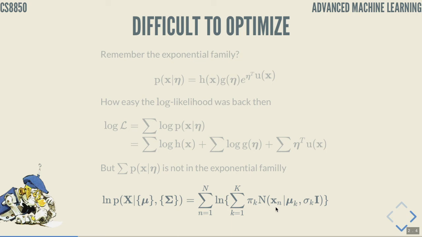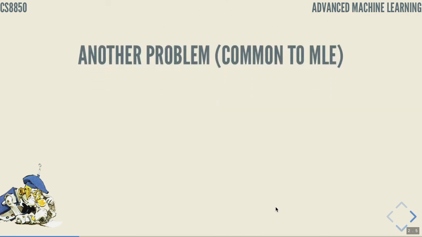If we want to differentiate and set to 0 and optimize, this expression will have multiple components and will be hard to optimize. So people usually try to avoid that. Sometimes there are special cases when it will work and be okay, but most generally it's a difficult optimization problem.